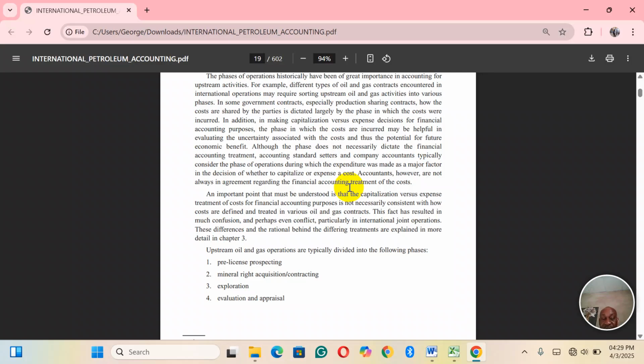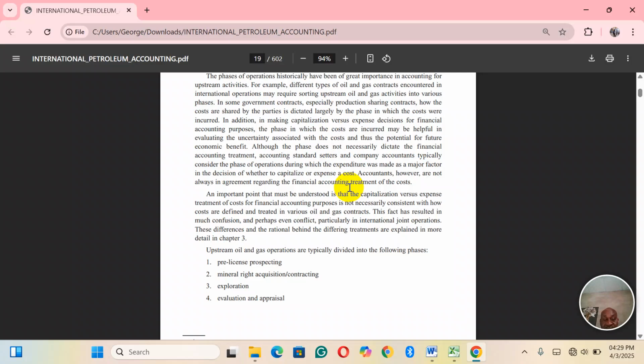This difference and the rationale behind the differing treatment are explained in more detail in chapter 3.